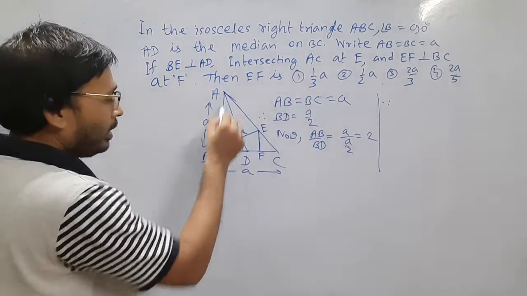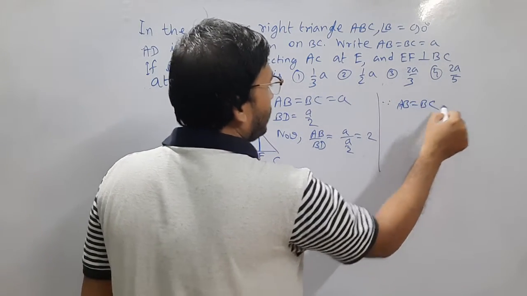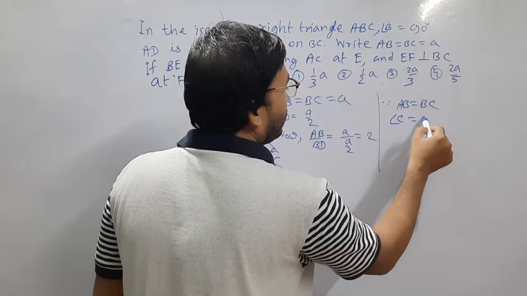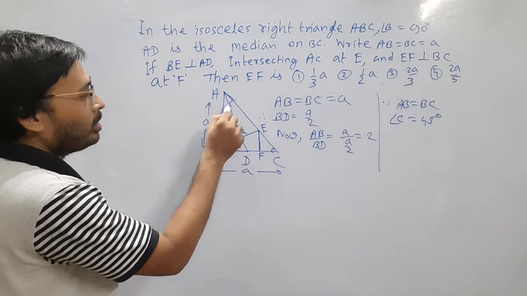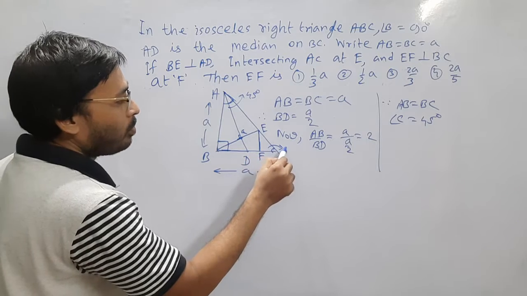Therefore, AB is equal to BC, so angle C is equal to 45 degrees. Because this is 90 degrees, this is 45 degrees, C also 45 degrees.